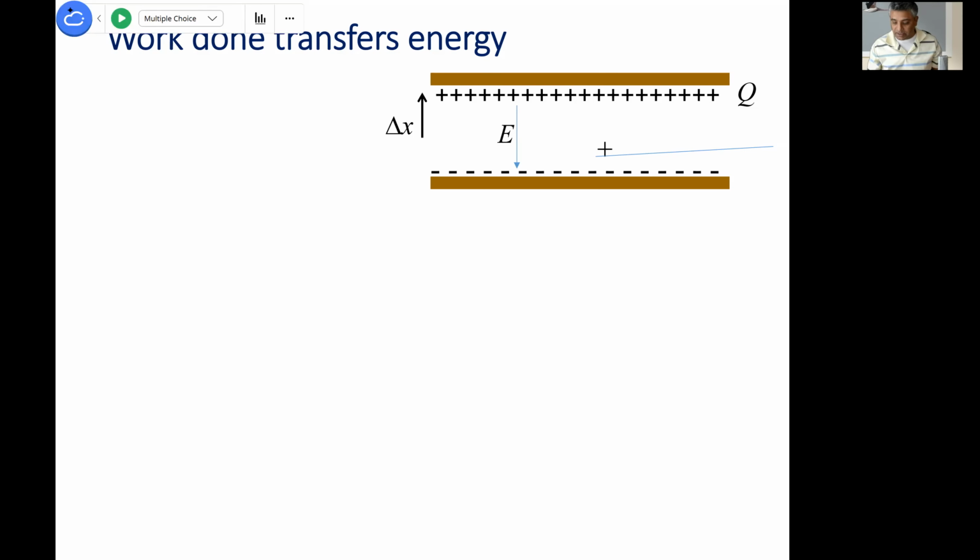So let's see if I can move this a little bit. So this is the same drawing. So rather than writing D for the displacement, I'm writing delta X, okay? So that's what I'm doing.